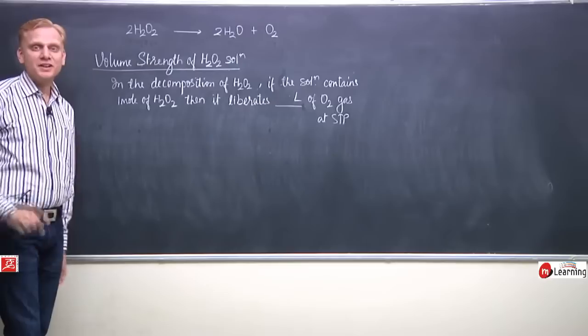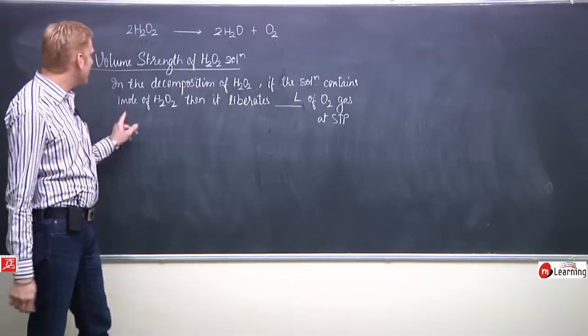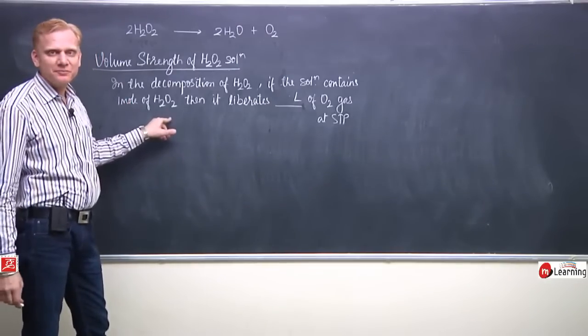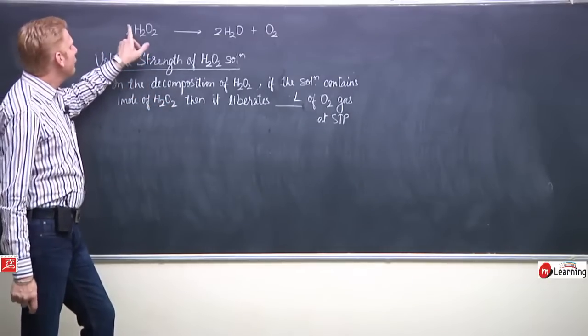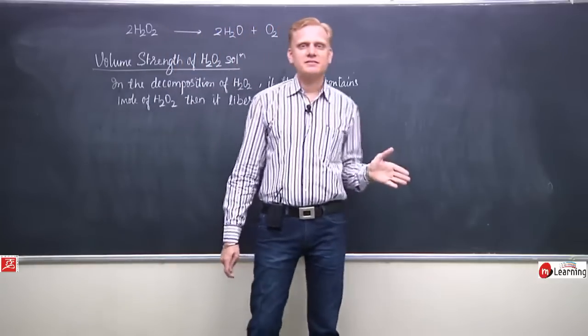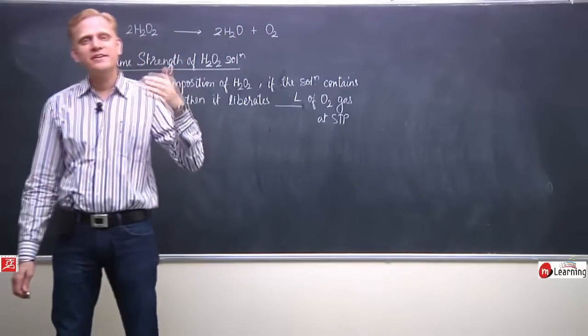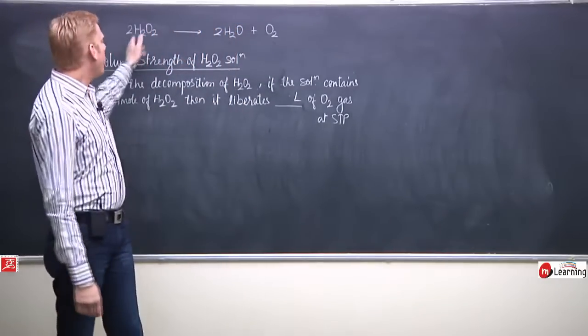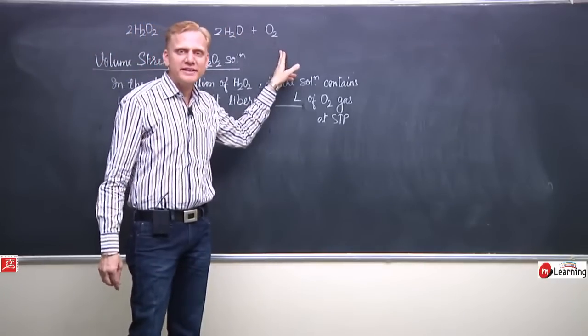22.4 liter? No, because now in the language I have taken 1 mole of hydrogen peroxide. The matter was initially taken in this form. Initially we were saying 2 moles of hydrogen peroxide give 1 mole of oxygen, or we were saying 2 moles of hydrogen peroxide give 22.4 liter oxygen.